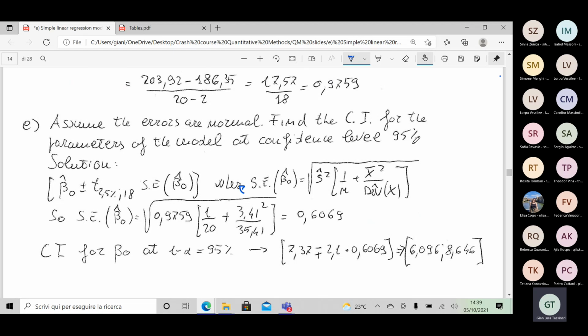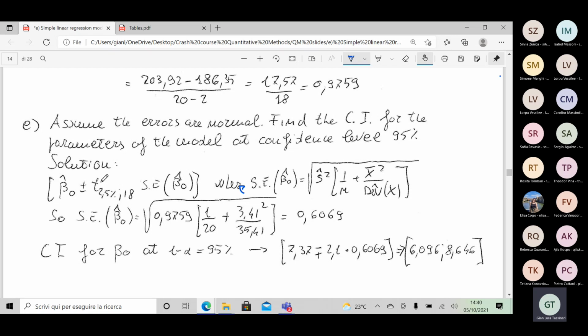So 1 minus alpha is 95%, alpha is 5%. You need to find two values on the table of the t, so you have to divide alpha by 2. So 5% divided by 2 gives you 2.5%. So we have plus minus the 2.5% percentile of what? How many degrees of freedom? n minus 2. So with n equal to 20, n minus 2 is 18.